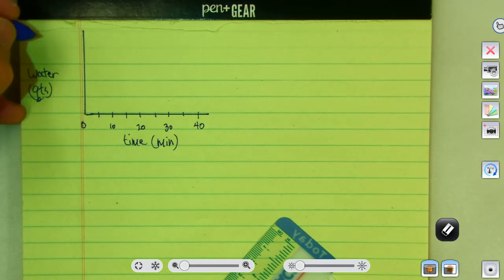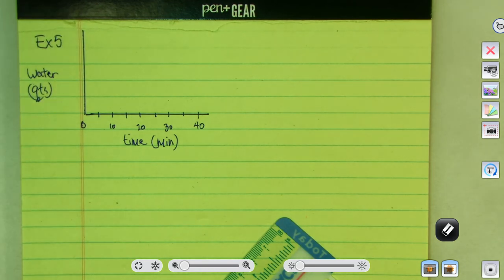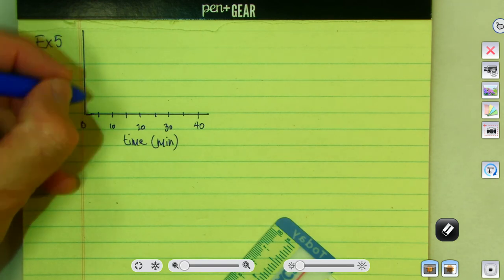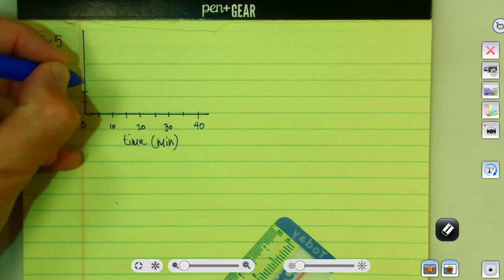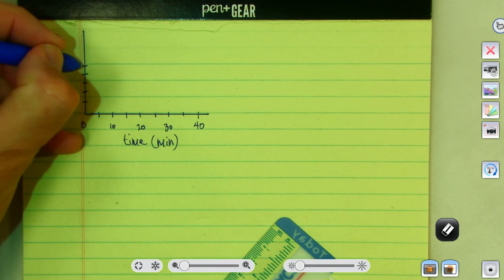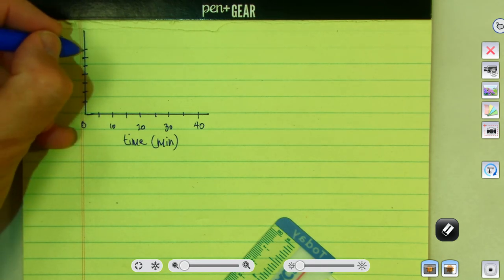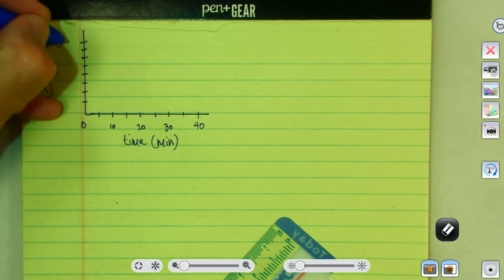Okay, and this is my 5th example. And the graph I had there was broken down by 15, so it's 15, 30, 45, 60, 75, 90, 105, 120.